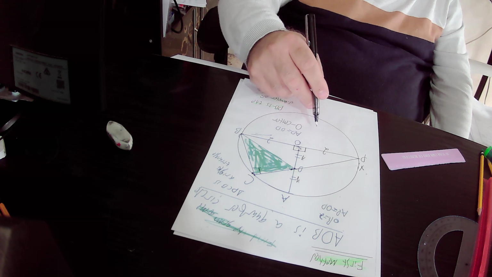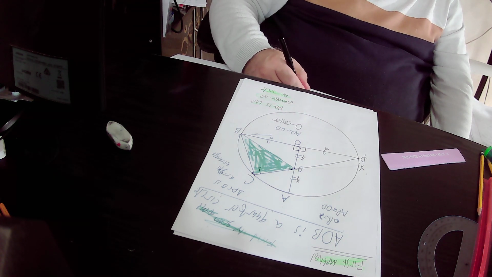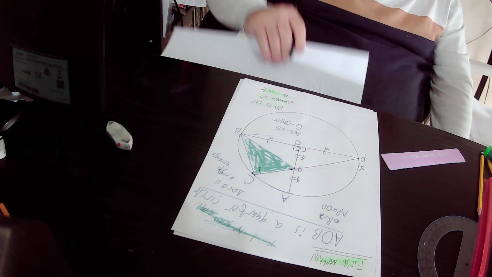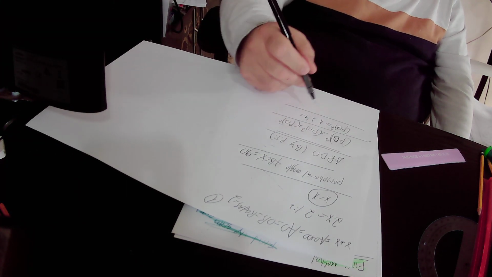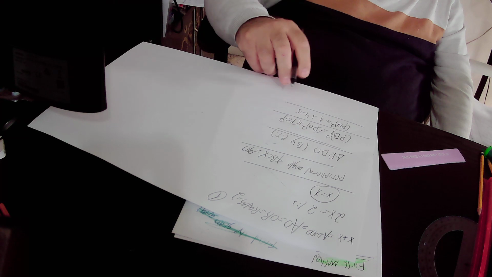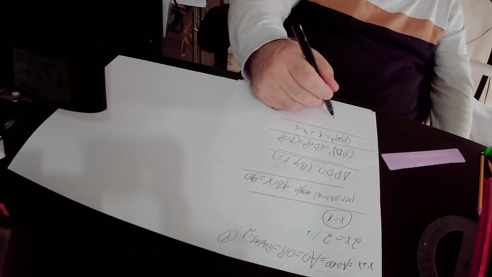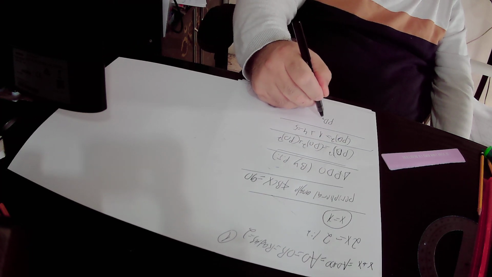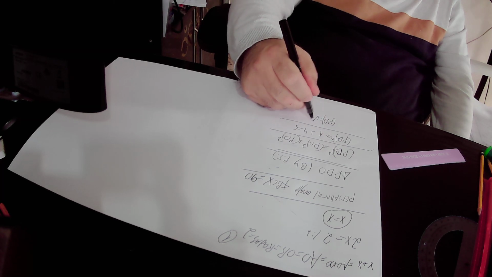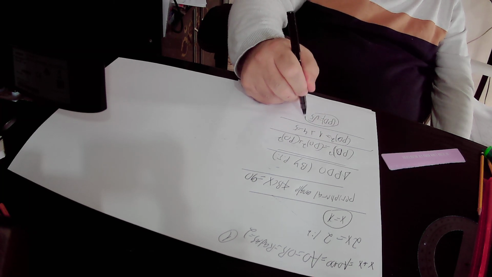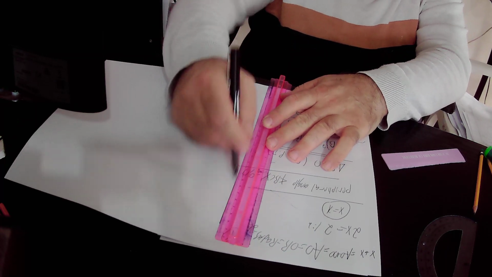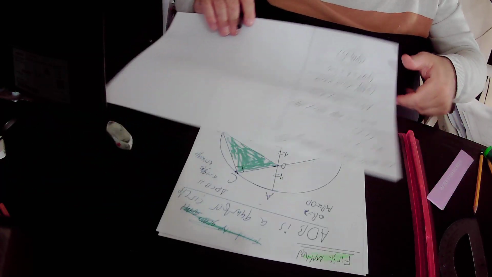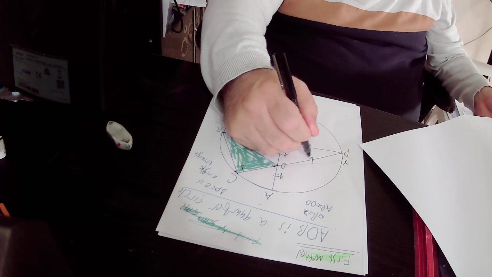PO is 2, so PO square is 2 squared, that is 4. So in conclusion, we found out that PD square equals to 1 plus 4, that is 5. We take out of this equation and we get that PD, the hypotenuse PD equals to square root of 5 units. So you can write here that PD equals to square root of 5 units.